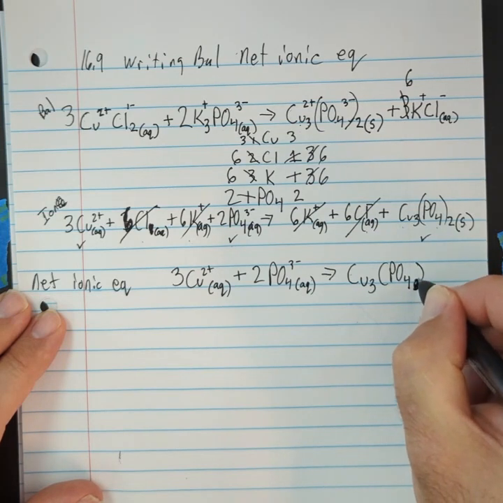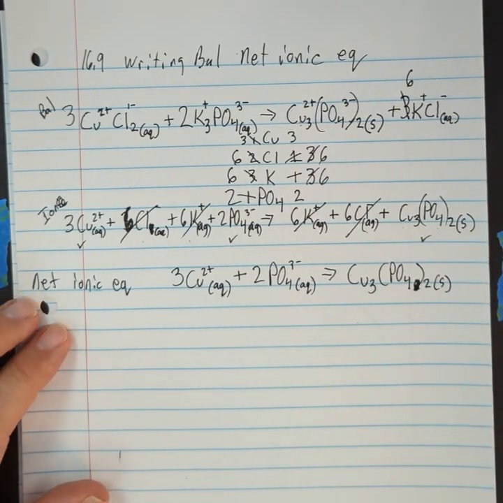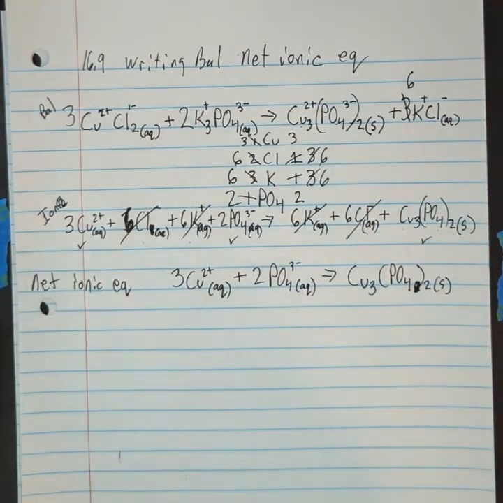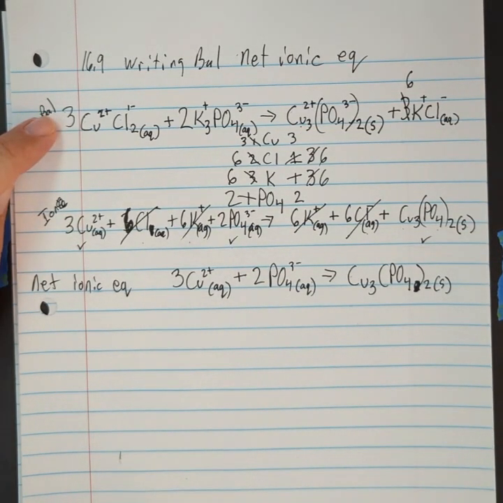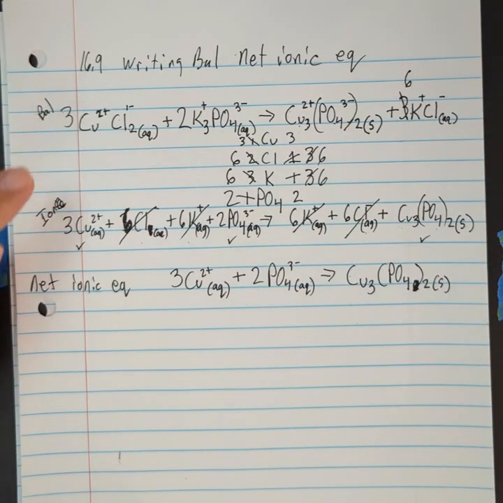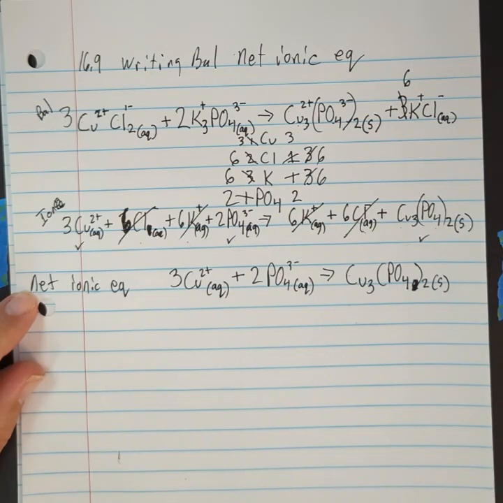Oops, that 2 should be outside the parentheses. And that is a solid. All right. There you go. So we finished the molecular equation, we wrote the ionic equation, and then we wrote the net ionic equation.